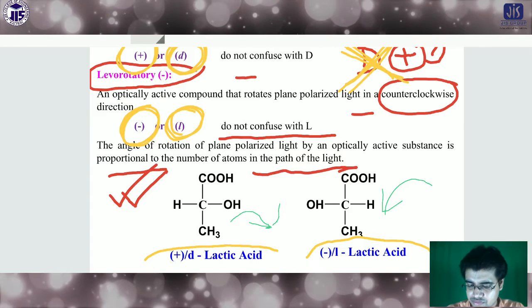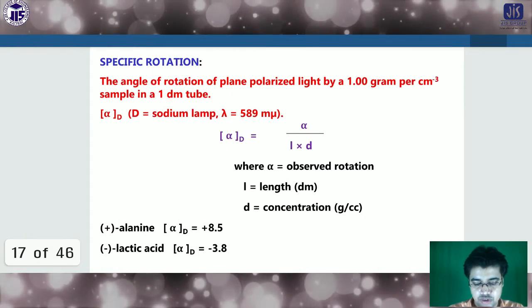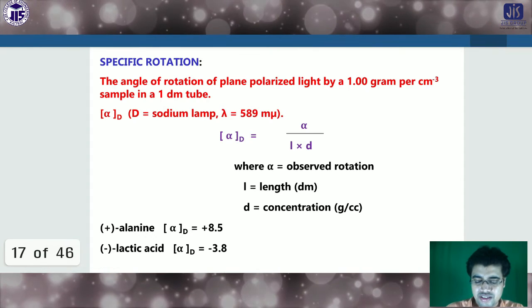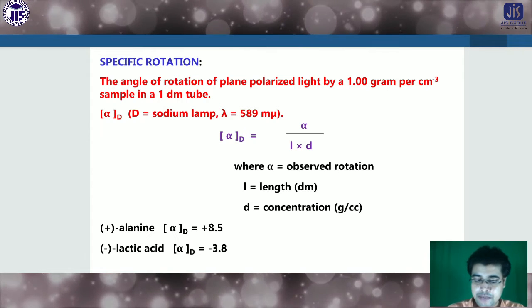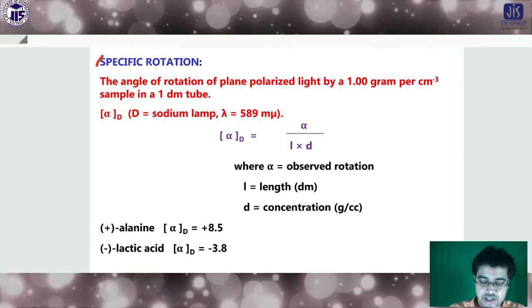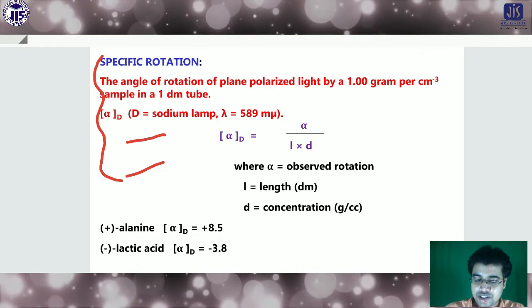Now come to the next topic, specific rotation, which tells how much rotation is possible. We can take the value of the angle of rotation of plane polarized light.